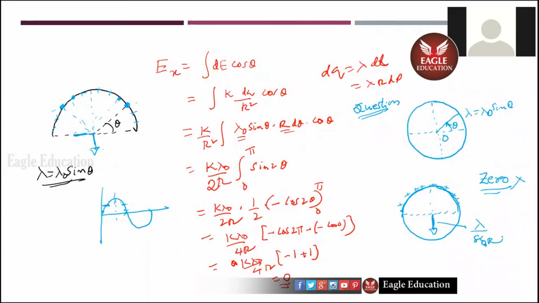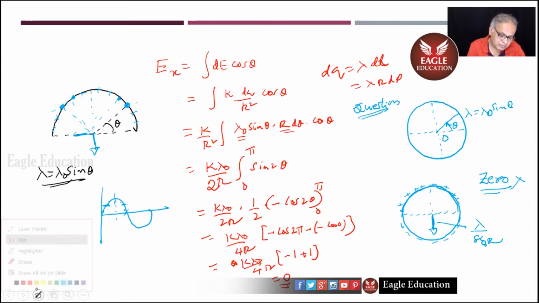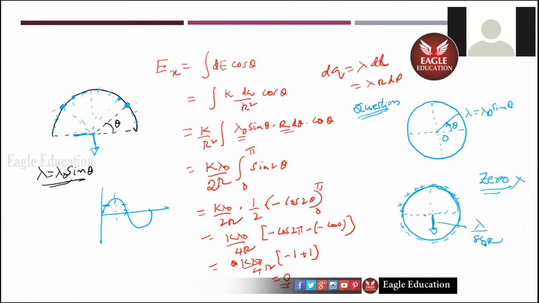Lambda naught by 8 epsilon naught r, right? Minus, sin theta positive here, but minus in the third and fourth quadrants, right? So because of that, it will be the same, but downwards. That is lambda by 8 epsilon naught r. That means it is lambda by 4 epsilon naught r. That's why the question is given.